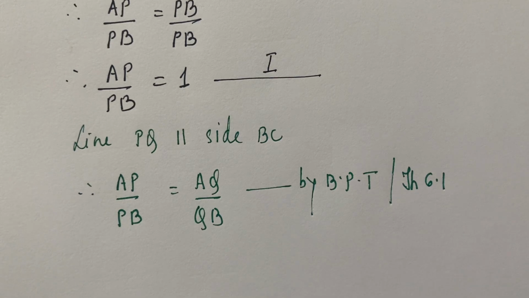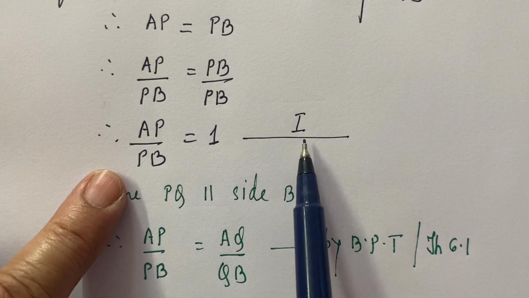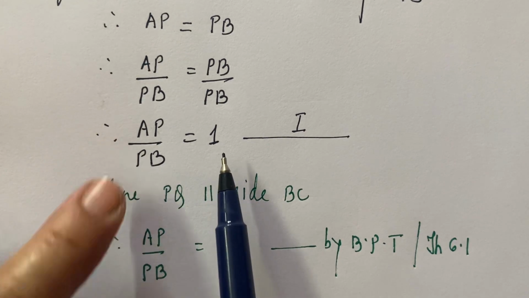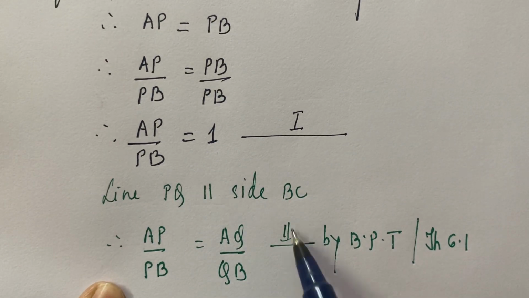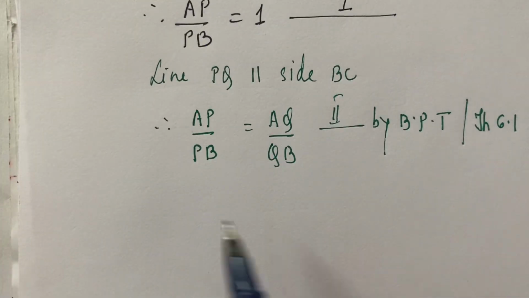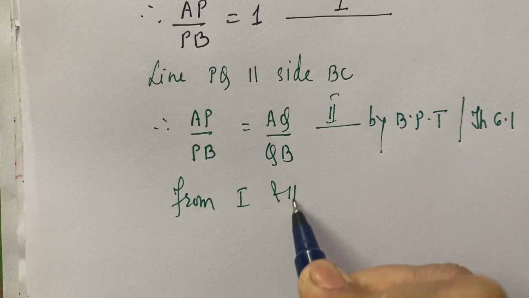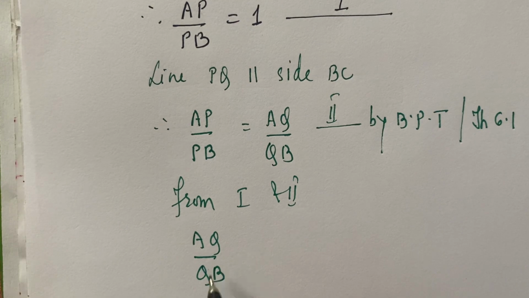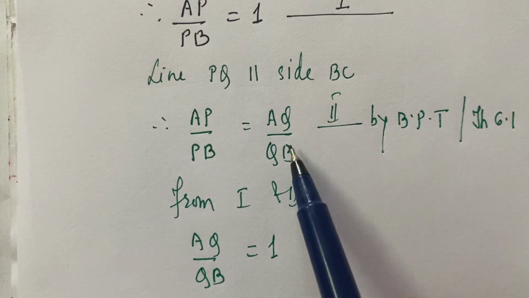Now look at this equation 1. What is AP upon PB? That is equal to 1. The left hand side is equal, so the right hand side too will be equal. So what do we write here? From 1 and 2, you have AQ upon QC is equal to 1. Are you getting this?